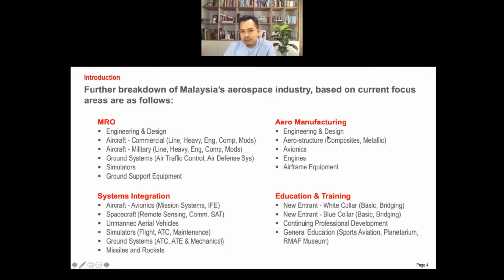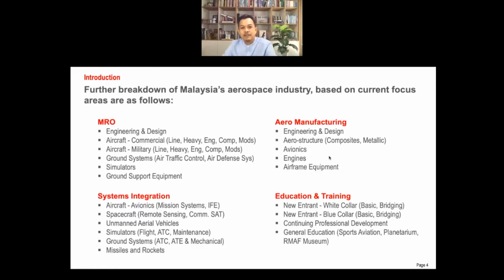And then we have the second subsector, that is aero manufacturing. Okay, that includes activity of engineering and design, aerostructure that includes both the composites aerostructure as well as metallic aerostructure, right? So by this time, you have already gone through your aerospace structure subject. So you have already looked at the composites, metallic, and what are the criteria for those components to be used in the aerospace vehicle.